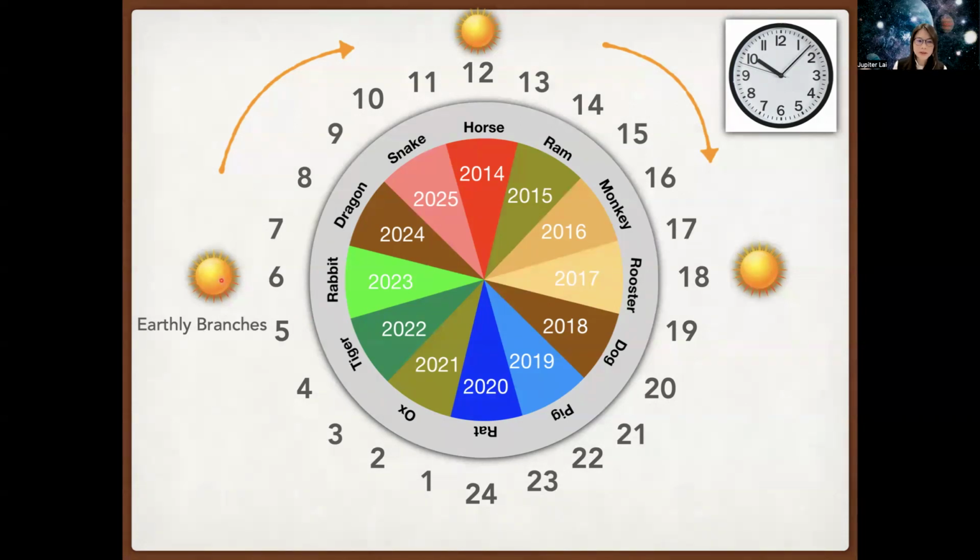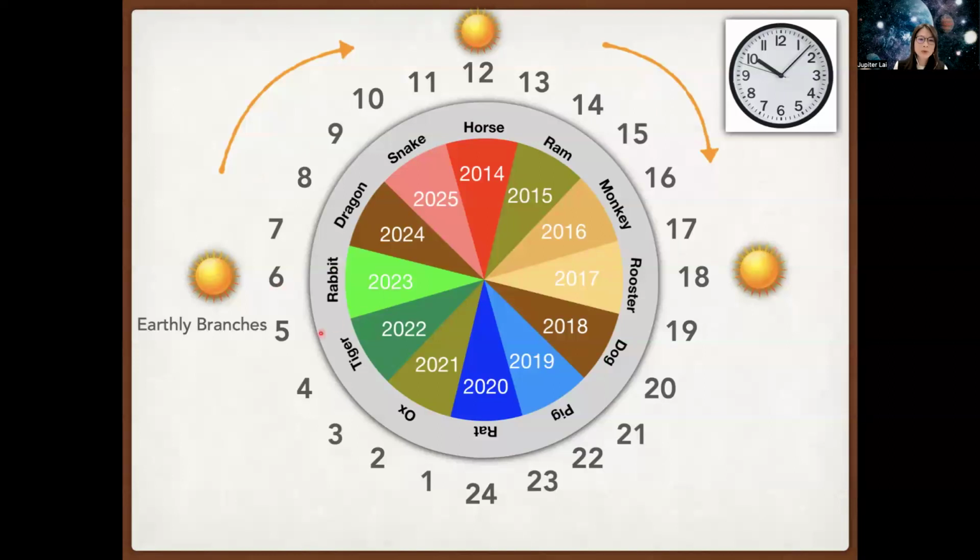The sun rises in the east, and it is around 6 o'clock in the morning. The sun rises in the east, goes to the top of the sky, and then descends in the west, still following the ecliptic.